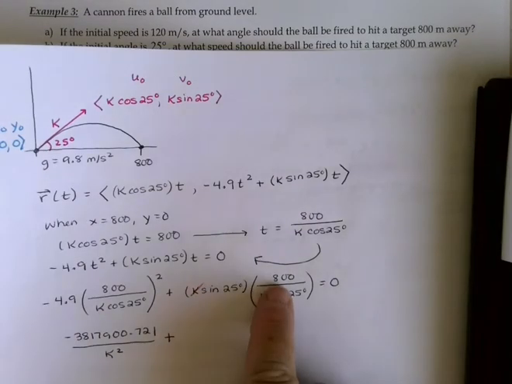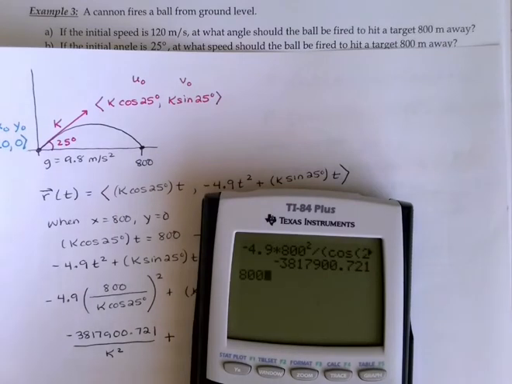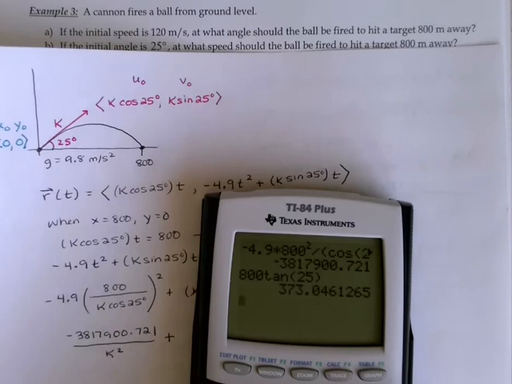So I really just have 800 tangent 25 degrees, 373.046.